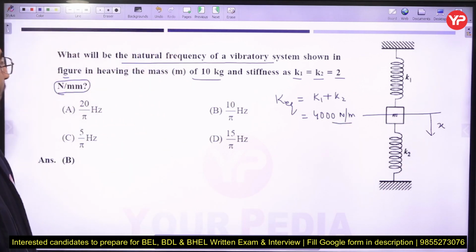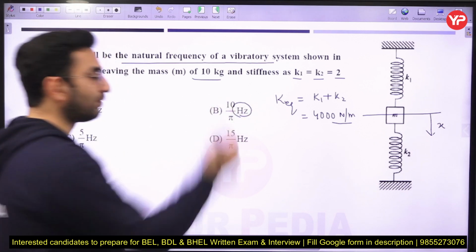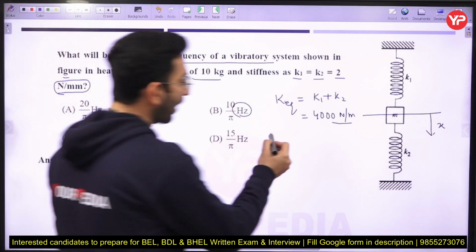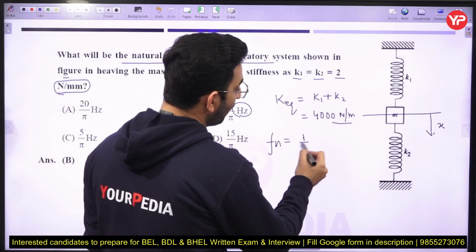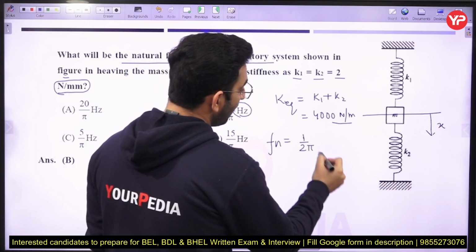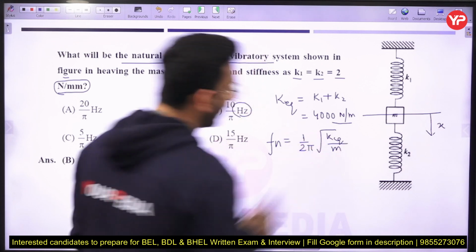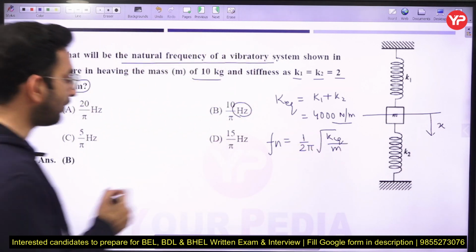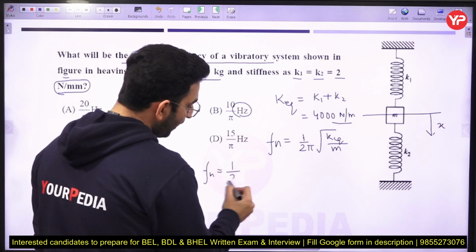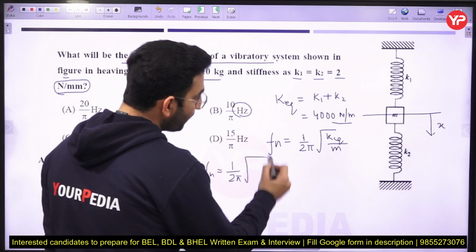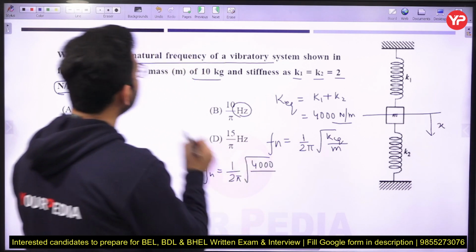Now if you want to find the natural frequency, it is being asked in hertz. That means you have to find the linear natural frequency, which has the formula 1 by 2 pi under root of K equivalent divided by M. Putting in all the values, the expression becomes 1 by 2 pi under root of 4000 divided by 10 kg.